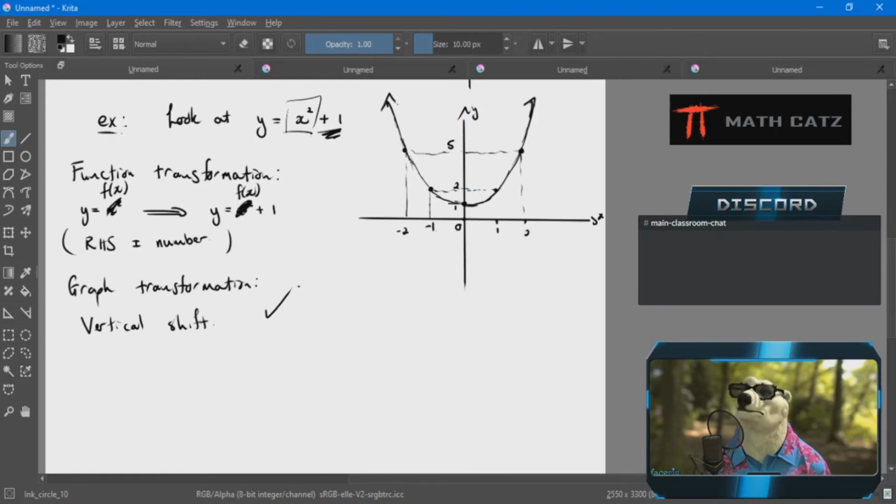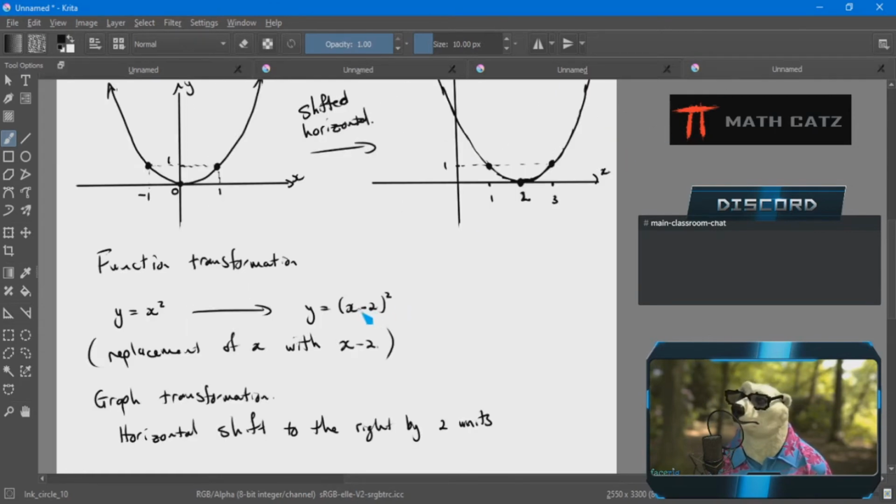Now, subtracting moves me up along the x-axis. So it's not quite the same, and I have to be aware of that. If I replaced x with an x plus 2, then I would shift to the left. So it's maybe a little opposite to what you might immediately intuitively think. But we argued why it shifts to the right.